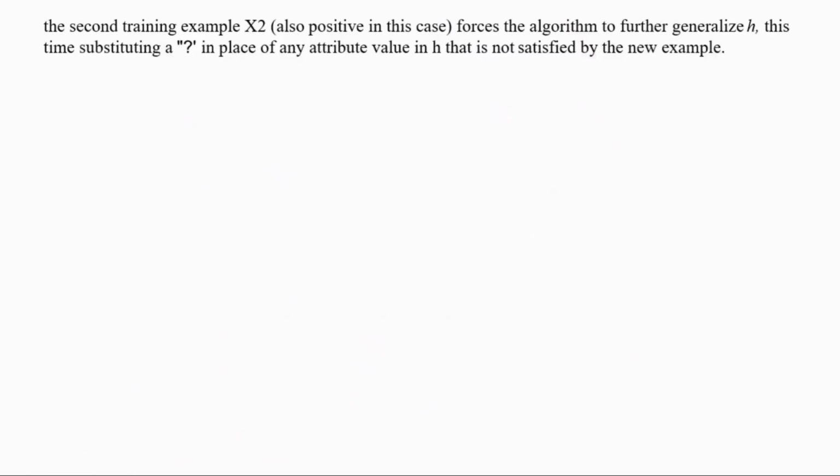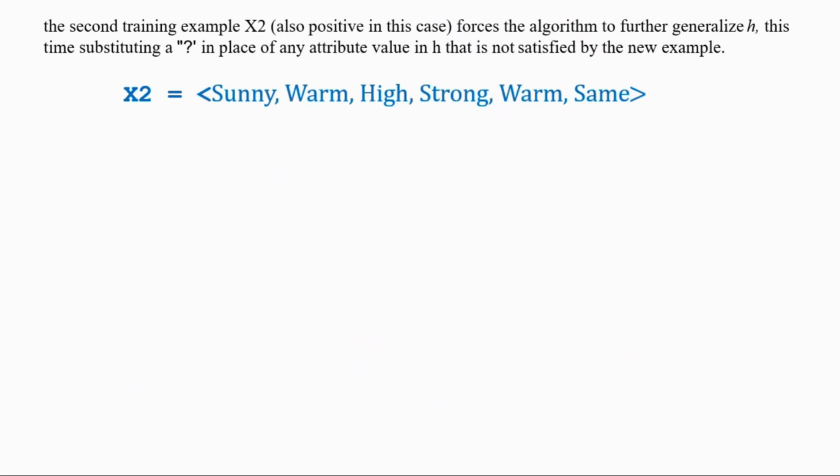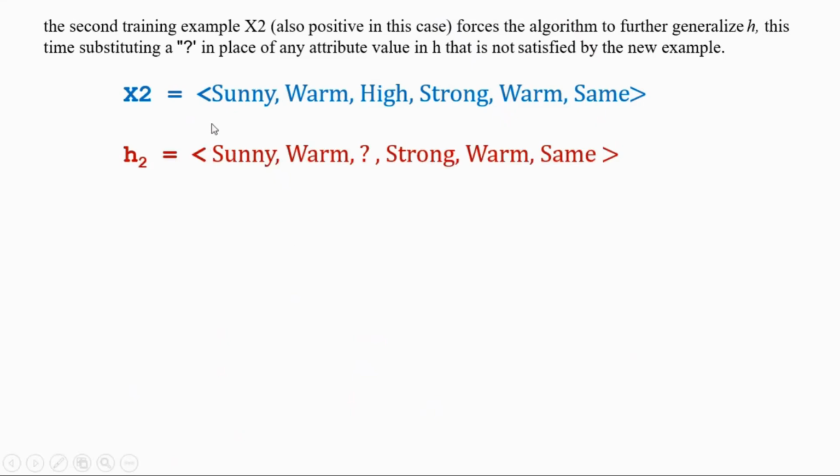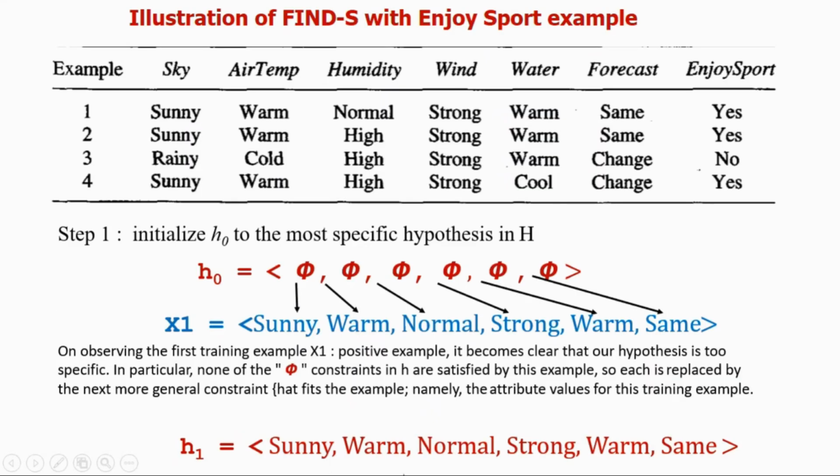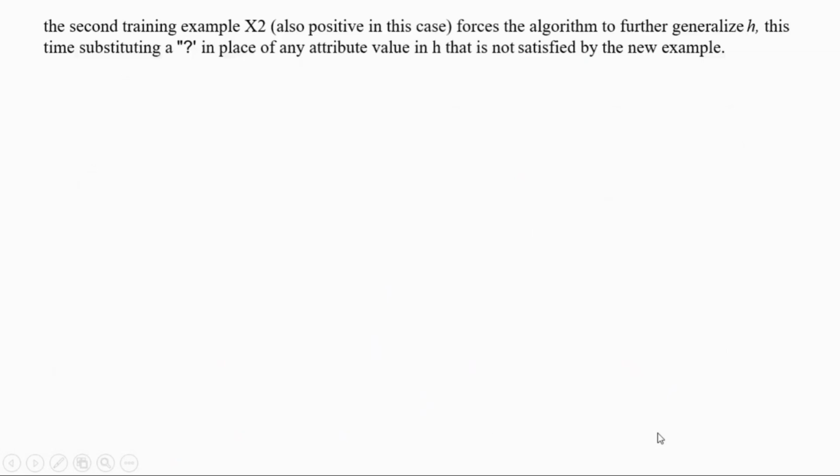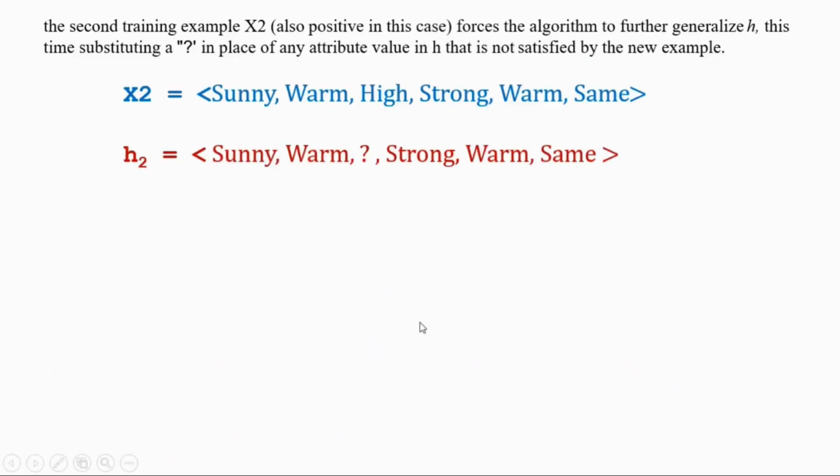Now the second example X2 is taken. X2 is also a positive example. We now compare the previous hypothesis values with X2. In H1, the first value is sunny and X2 is also sunny, so no need to replace.